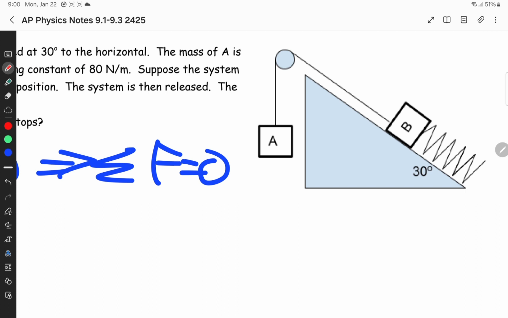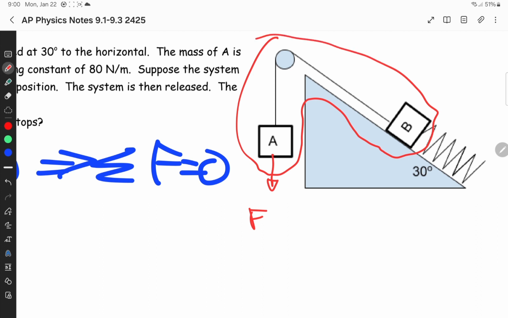All right, so what do we got? We got the force of gravity. What I'm doing right now is looking at the two-object system, and I want to find out when the net force on this is 0. The force of gravity on object A is going to be 58.8 newtons this way. We're going to have a parallel component of gravity on B, which we decided was 19.6 newtons, just mg sine 30.